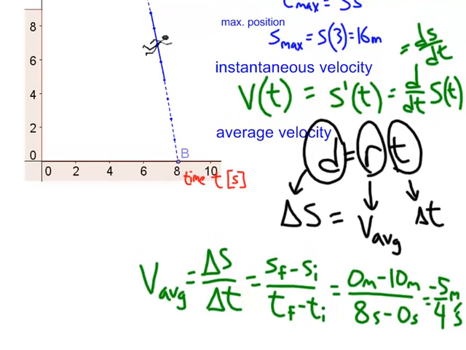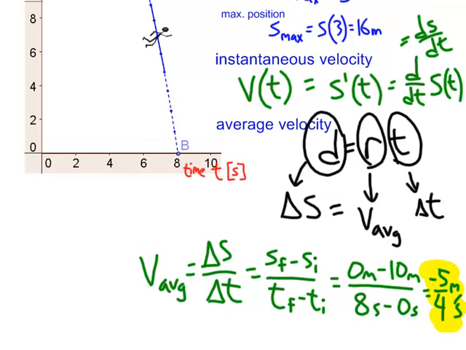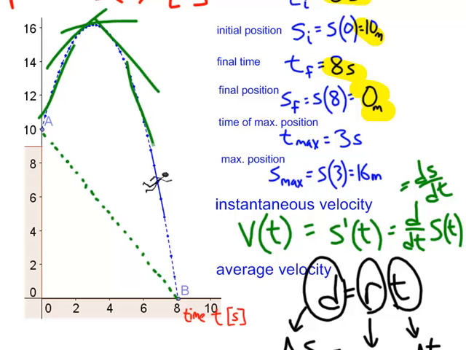And how does that look graphically? This is the last point I'll make here. That negative 5/4 meters per second, where does that appear on our graph? Well, that just happens to be the slope of this secant. So again, instantaneous velocity represents slopes of tangent lines, whereas the average velocity is going to represent the slope of this secant line.